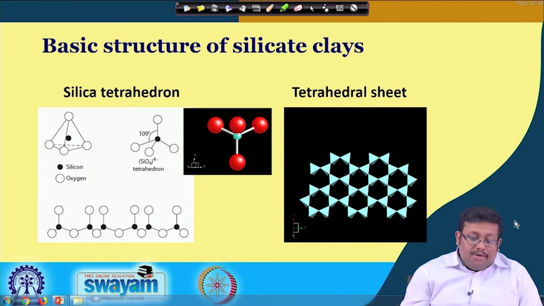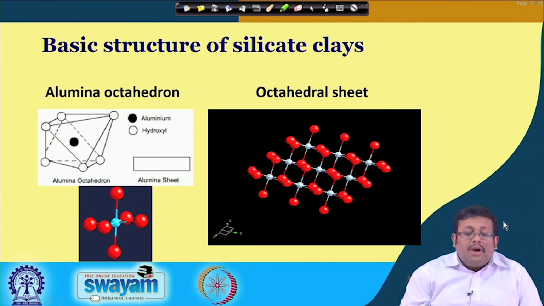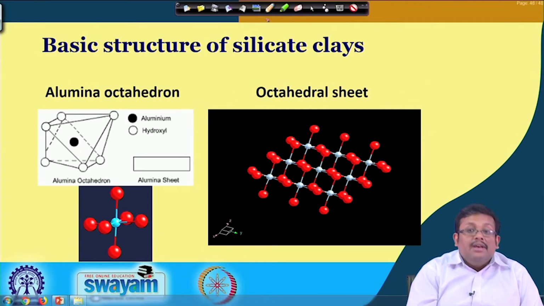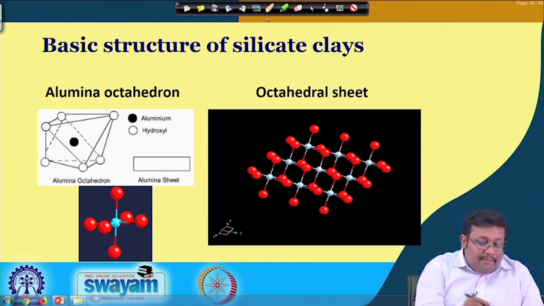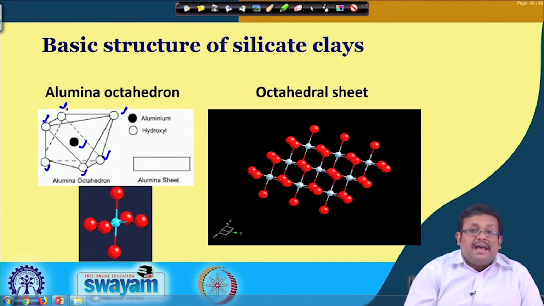If you go to the next slide, let us see what the other building block is. Another building block in soil is the aluminum octahedron. An individual aluminum octahedron is made of a central aluminum, surrounded by 6 hydroxyl anions or hydroxyl groups, making an octahedral structure.